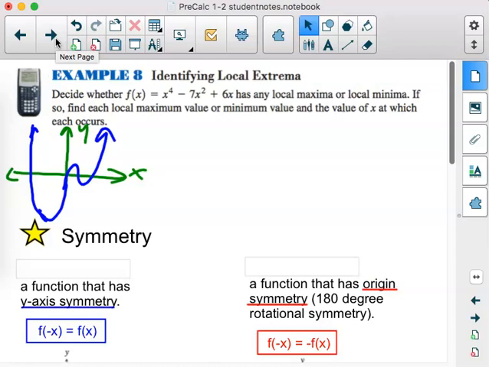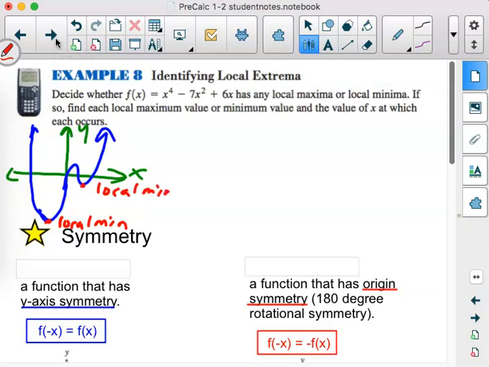All right, so I take a look at it and I realize this is going to be a local min. This is going to be a local min. And this, bless you, will be a local max.